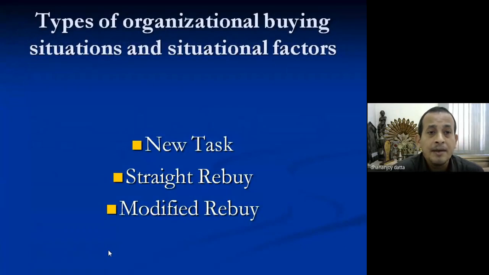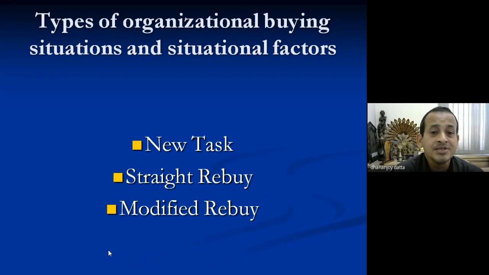Next, we will move to the types of organizational buying. In the types of organizational buying, we'll first discuss situation and situational factors. Every organization has a purchase department, also known as the procurement department.